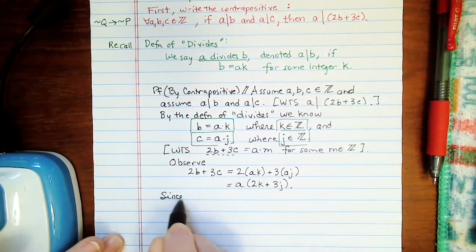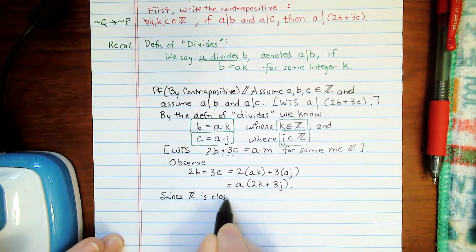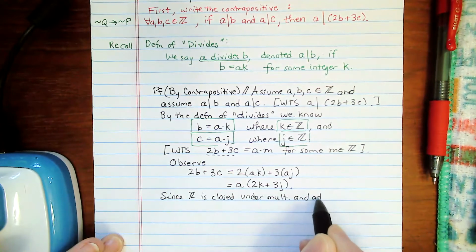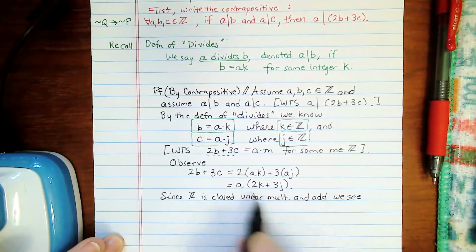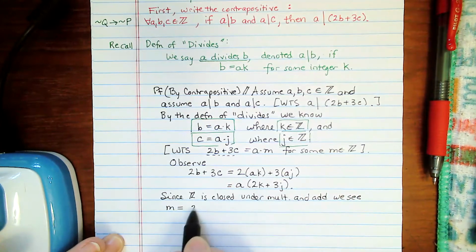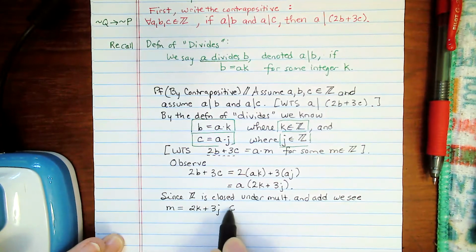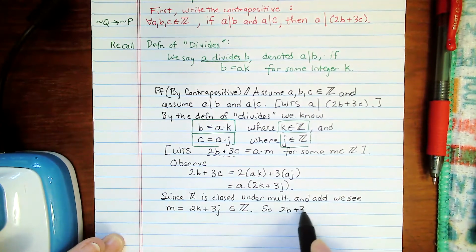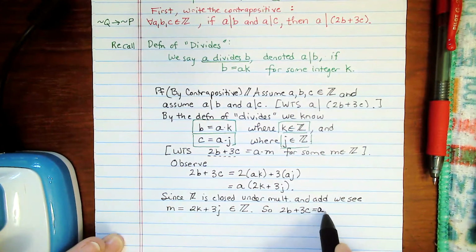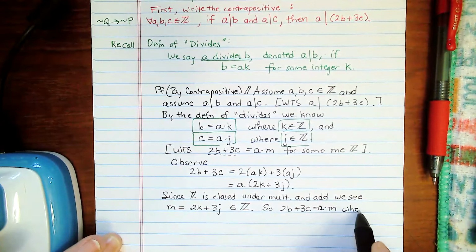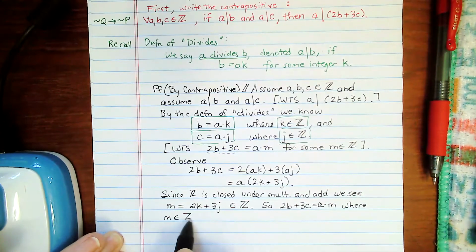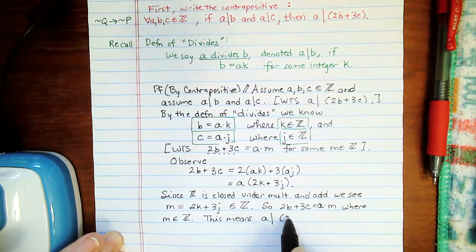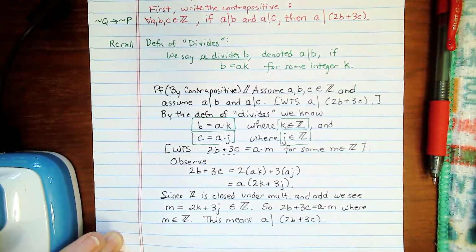And so we simply say, since Z is closed under multiplication and addition, we see that, we'll call it m, which is this expression 2k plus 3j, is in Z. So the expression of interest, 2b plus 3c, is equal to a times m, where m is in Z. This means a divides 2b plus 3c, which is what we wanted to show.